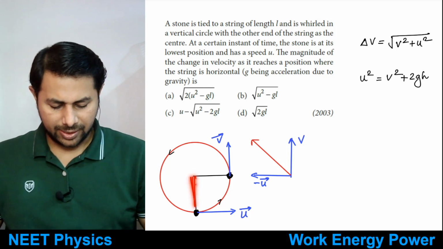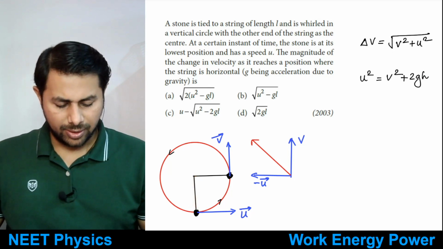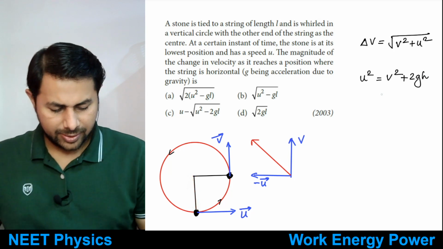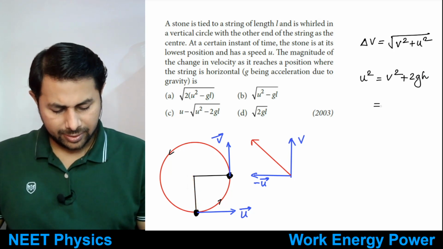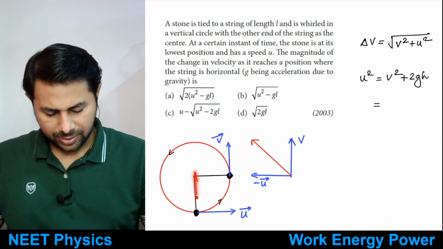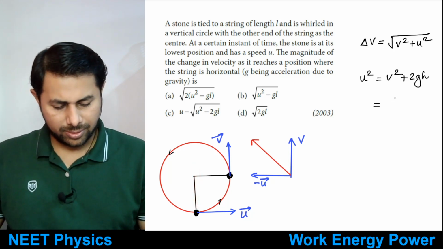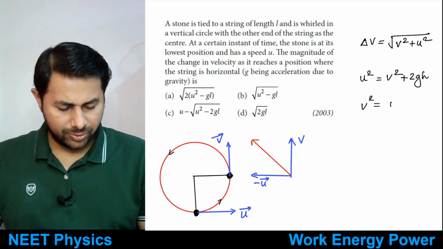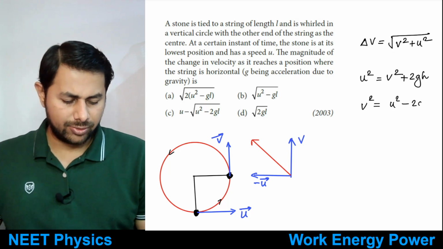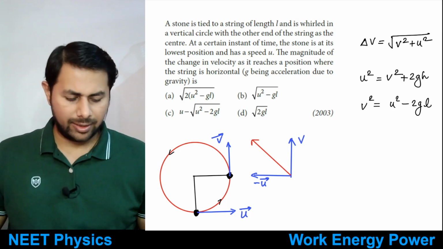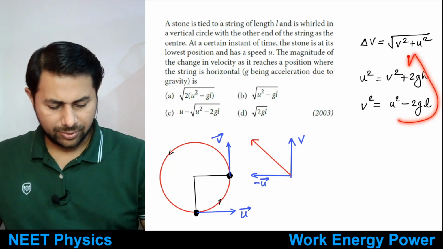The height difference between these two is r, which is equal to the length of the string. Therefore v square is equal to u square minus 2gh, and h is equal to L. Just put that over there.